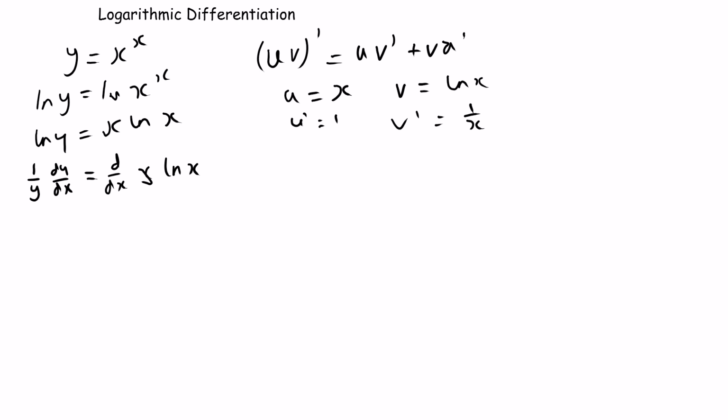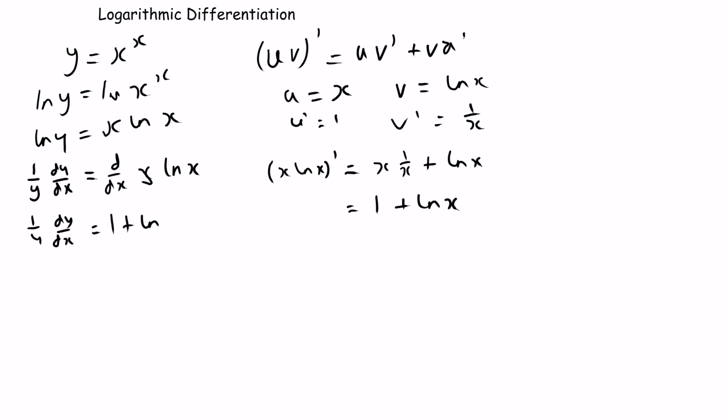So the derivative of x ln x is equal to u v prime, so x times 1 over x, plus v u prime, which is ln x. Now this cancels down to 1 plus ln x. So going back over onto the left hand side here, 1 over y dy by dx is equal to 1 plus ln x.